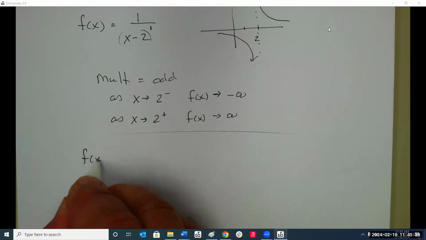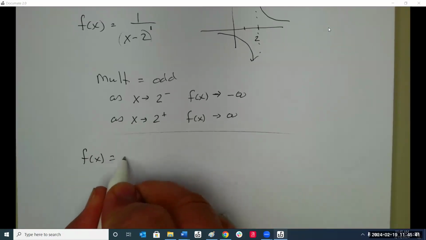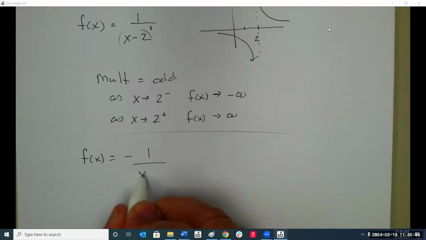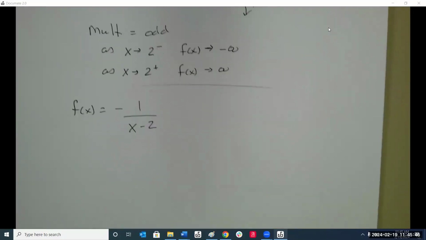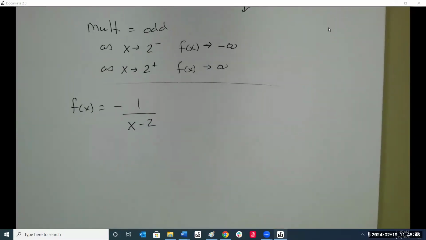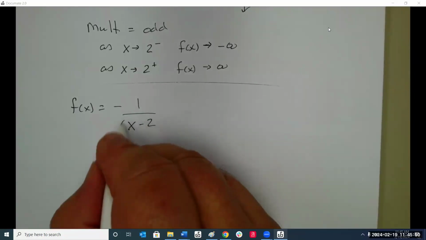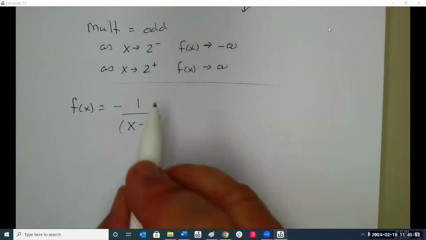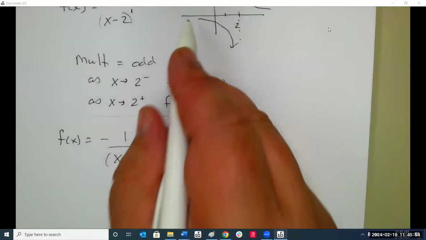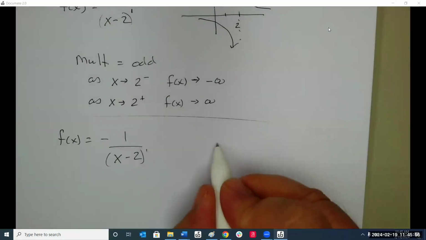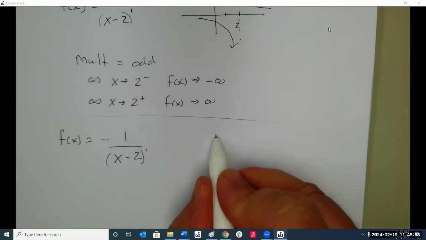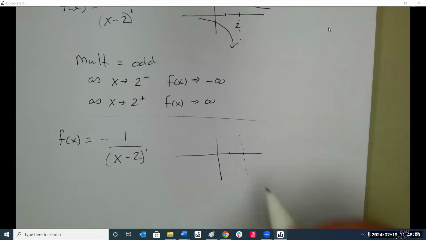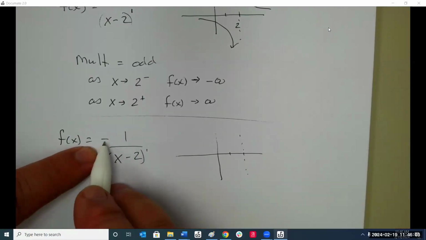So the next one, f of x equals -1 over x minus 2. This is similar to that one, except it has a negative. So it's shifted over 2, but the graph is flipped because the negative is outside.